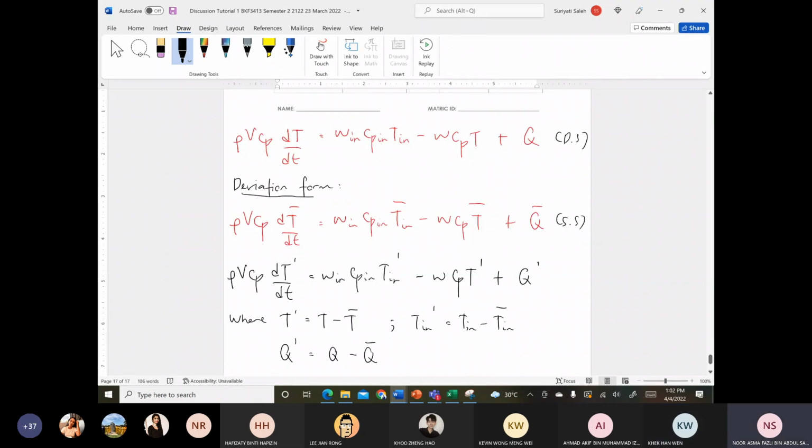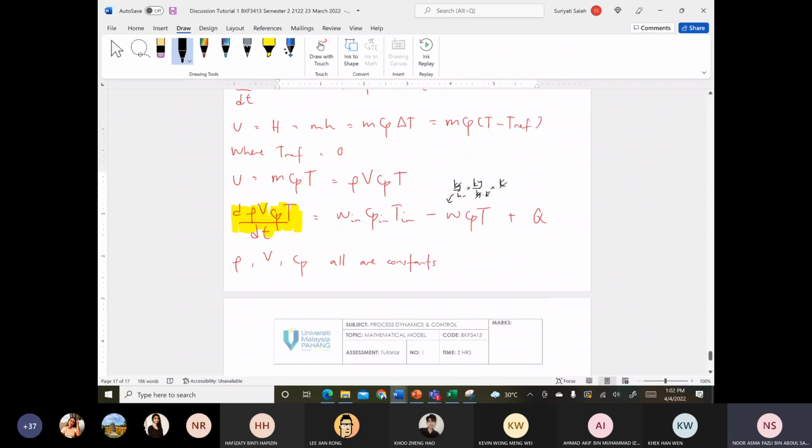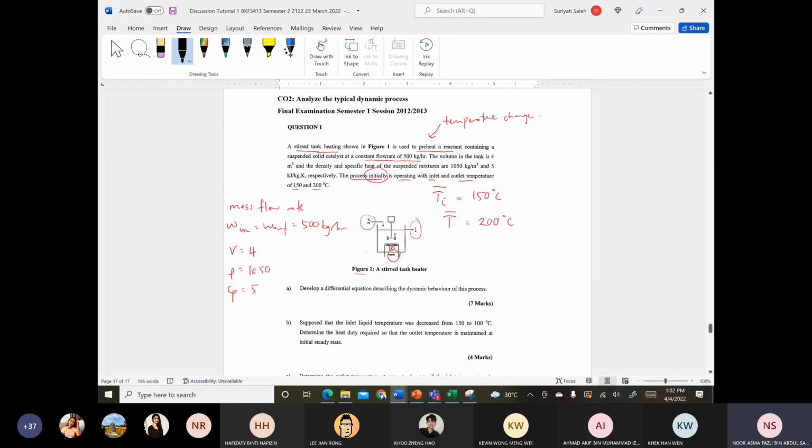Okay. So in this case, if we refer back to the picture, we have the Q heater. So this is your heater, where the Q in this case represents the heat added into the system.